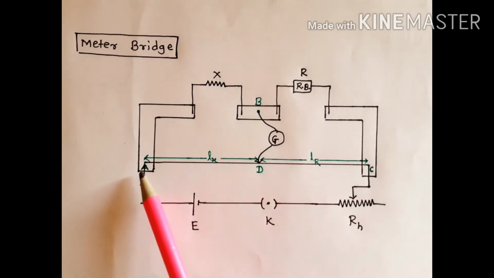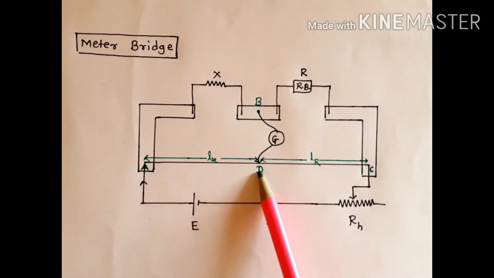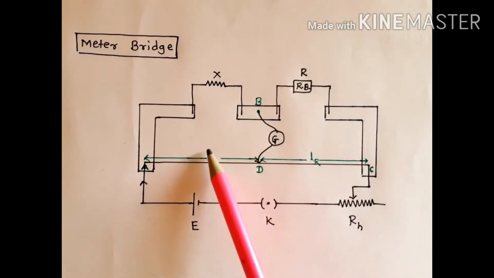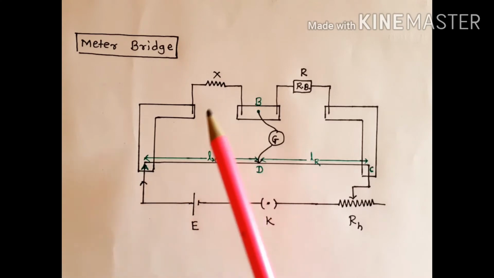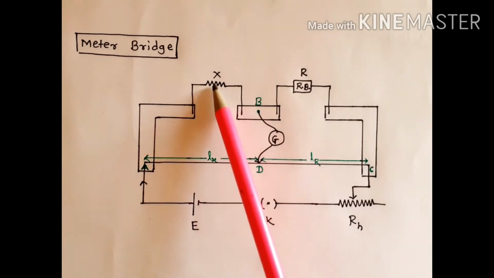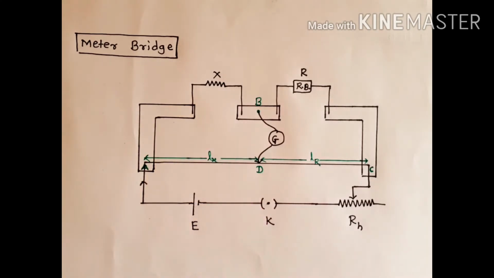You measure the distance between point A and point D, and it is denoted by Lx. This length is opposite to x, therefore it is Lx. The remaining length on the meter bridge wire, the distance between point D and point C, is denoted by Lr.